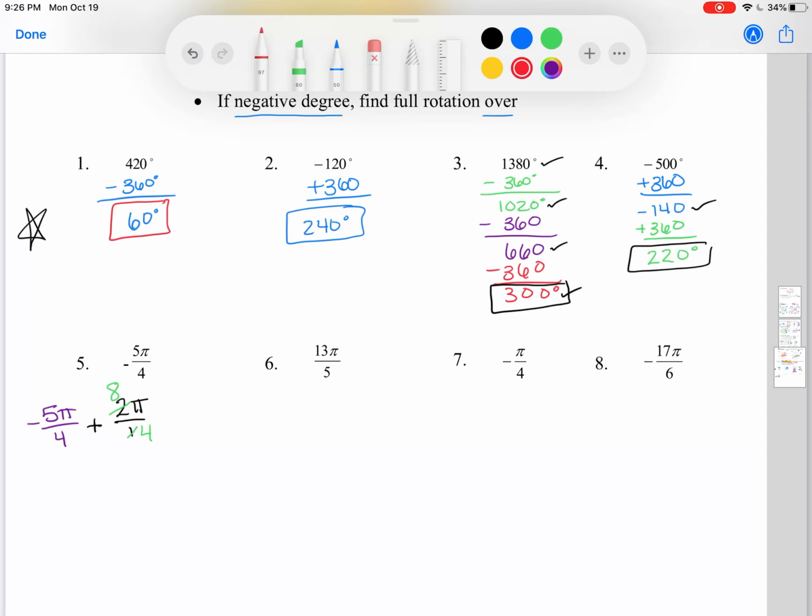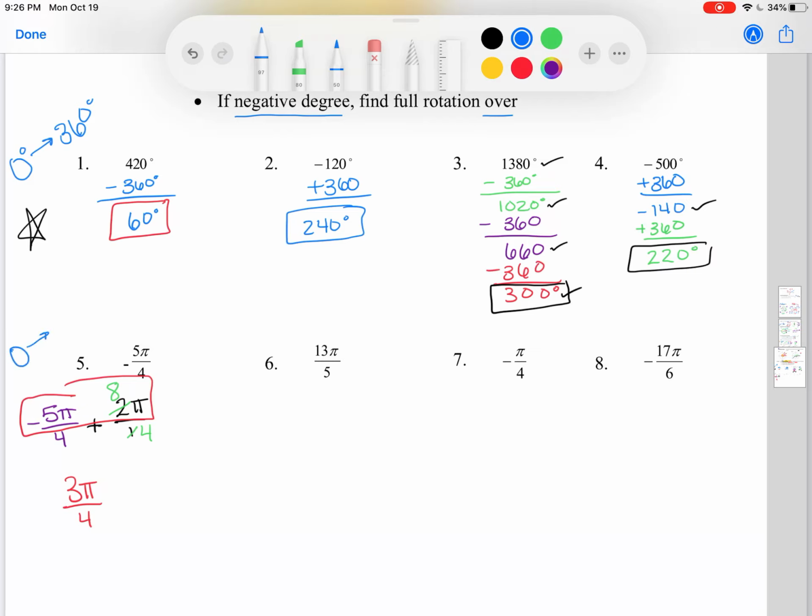And by changing the 1 into a 4, I multiplied by 4, which will now change this 2 into an 8, and the pi will still remain. Okay, now they have like denominators, so I can continue. Negative 5 pi plus 8 pi, I can combine these because they are both in terms of pi, so they're like terms. That's going to give me a 3 pi with the same denominator of 4.